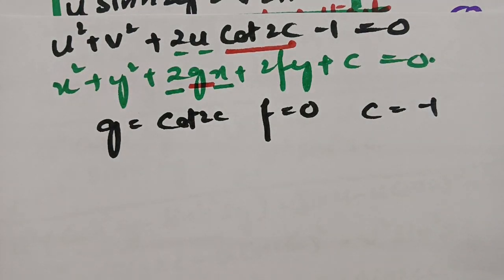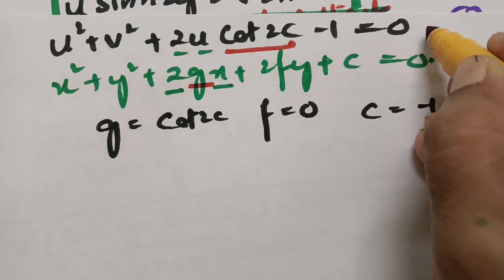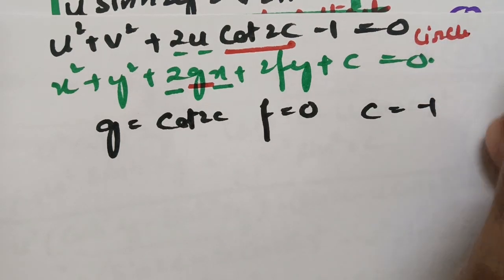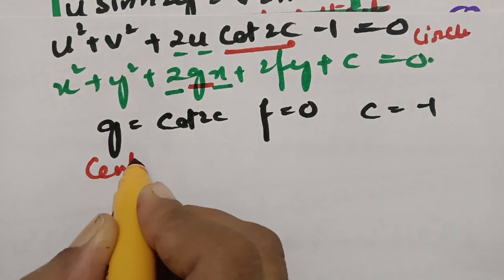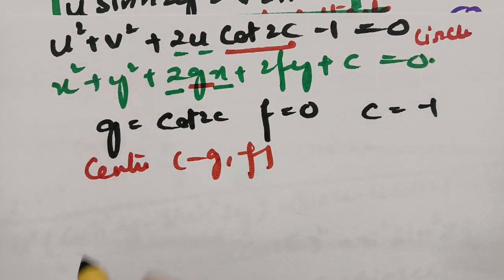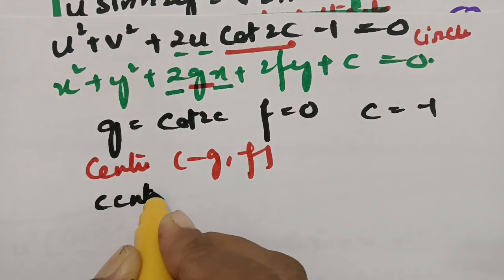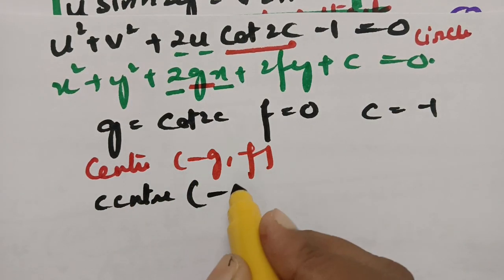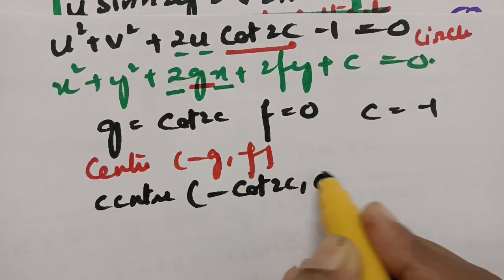As this is a circle equation, the center will be minus g comma minus f. So the center here is minus cot 2c comma 0.